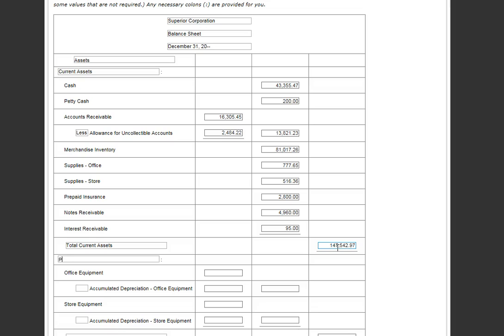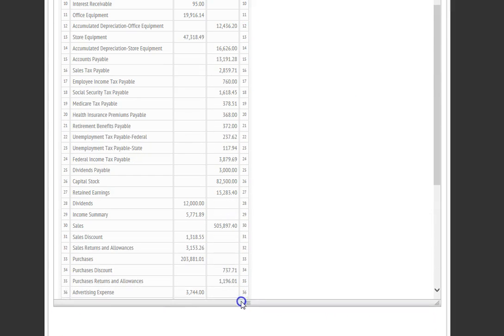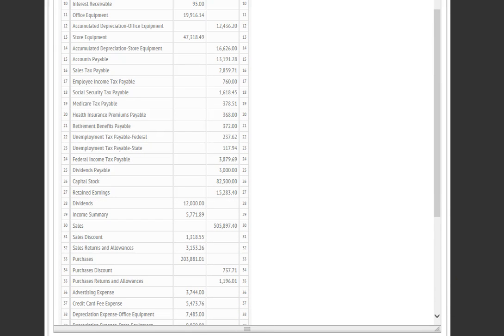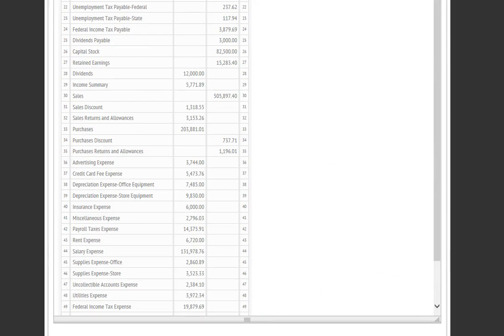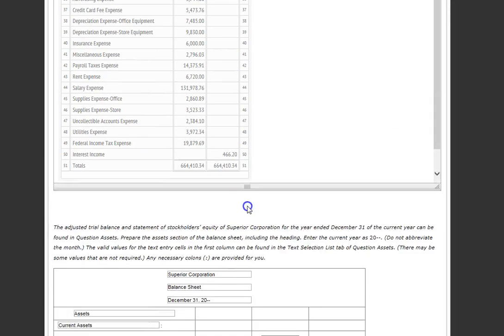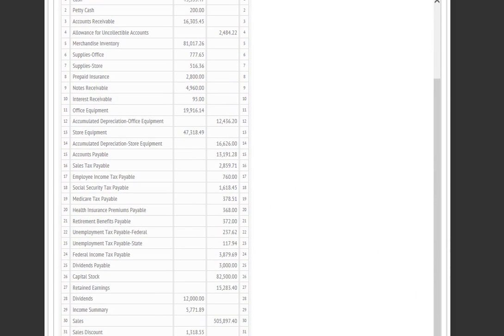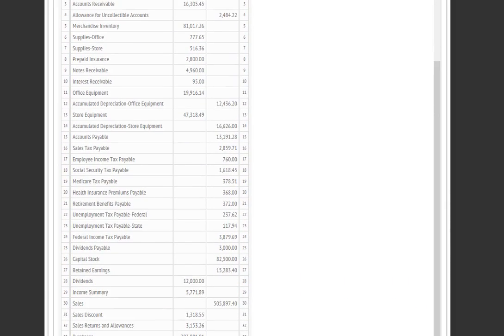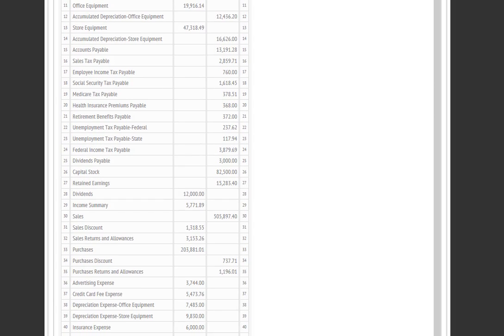Okay, next section. Plant assets. First we have office equipment. I wish I could split this somehow. It's so long. Okay. We are on office equipment. Now we totally take a screenshot of this and split my screen.